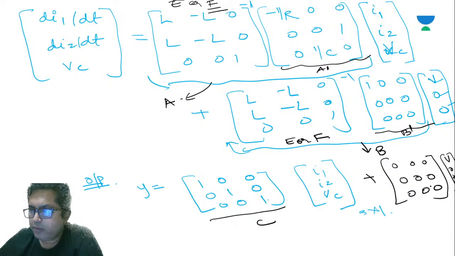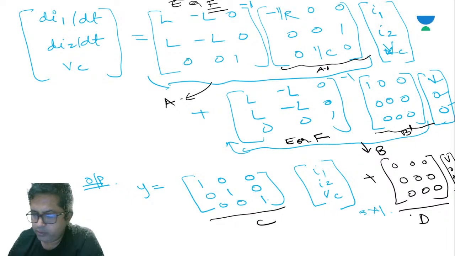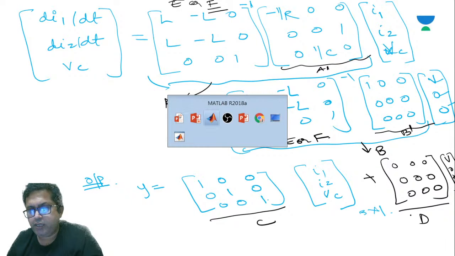Okay, so 3. This is which matrix? D matrix. So let us see.